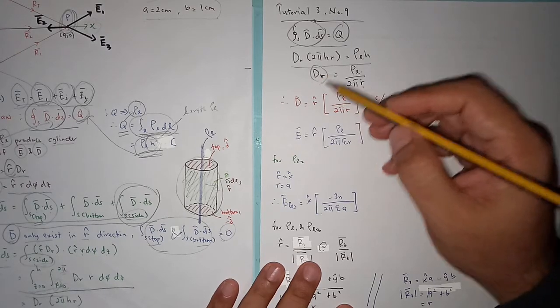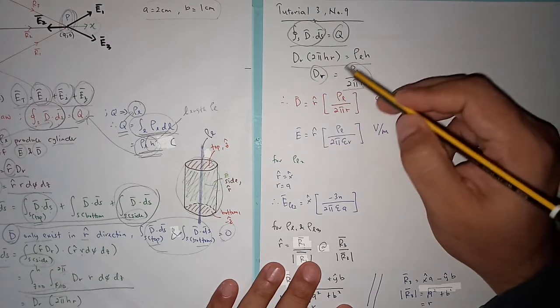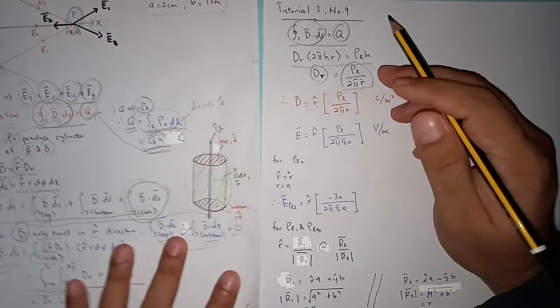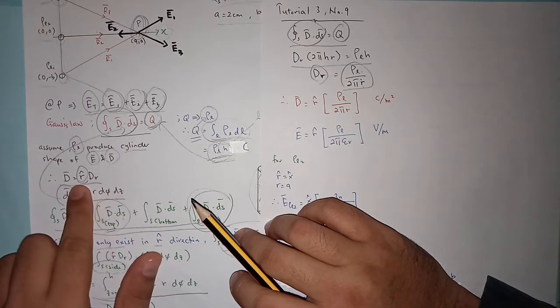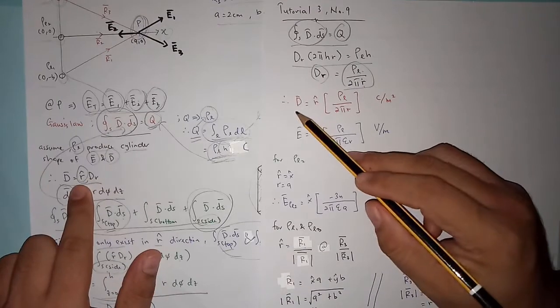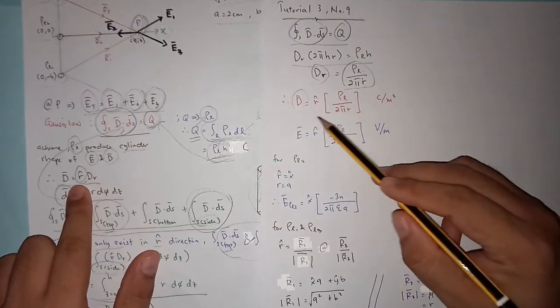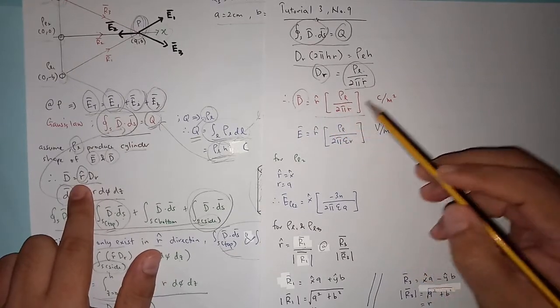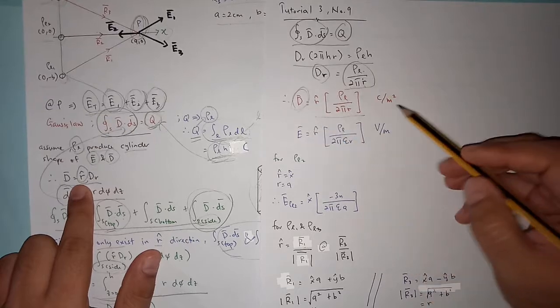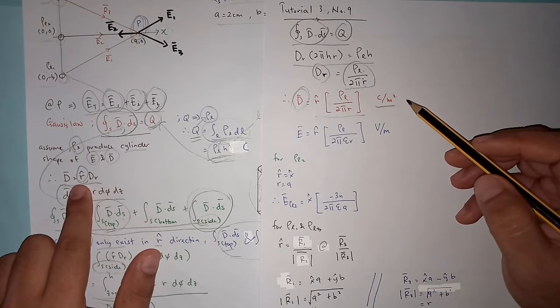If we put the expression of Dr inside the general expression for the vector that has been shown earlier, we will have the vector of D represented by this expression: r cap rho L divided by 2 pi r, and the unit for this vector is coulomb per meter square.